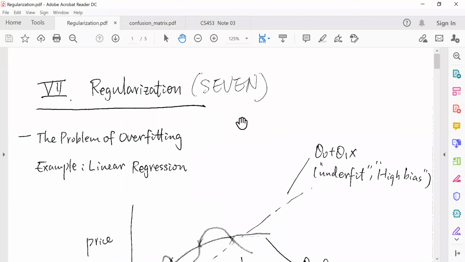And before we move to the new support vector machine learning algorithm, there are a couple of other things we needed to discuss.